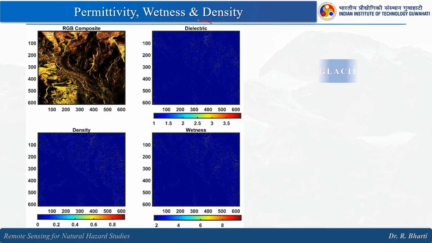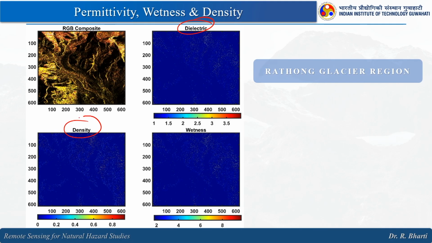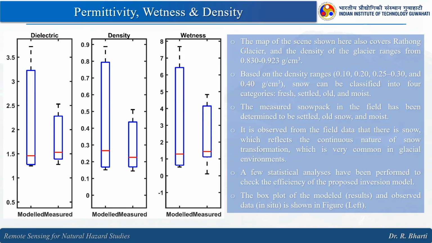So, here you can see the dielectric, density and the wetness that have been estimated for the Rathong glacier region. Here you can see the box plot. The map of the scene shown here also covers Rathong glacier, and the density of the glacier ranges from this to this range.